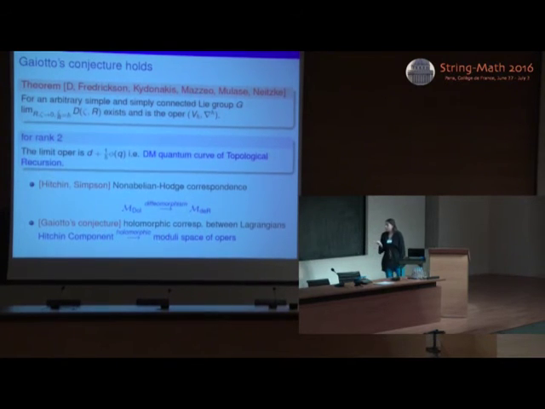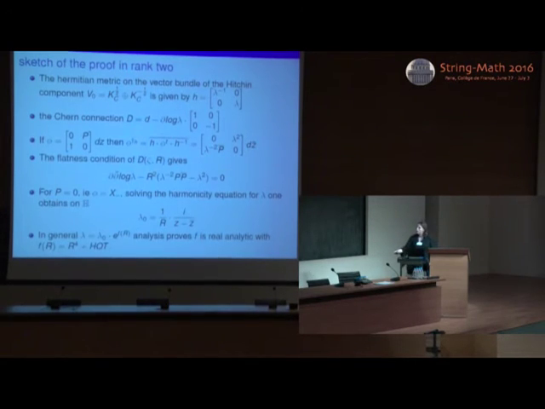What Gaiotto's conjecture does is realize a specific natural canonical biholomorphism between a Lagrangian formed by the Hitchin component and the Lagrangian in the Dolbeault moduli space given by the moduli space of opers. So in the next slide, I'm going to say a few words about the sketch of the proof in rank 2.